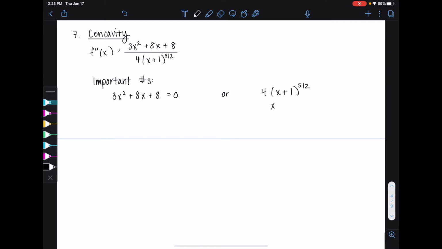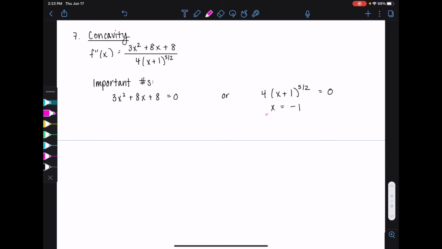And this one's a little bit straightforward to solve because we've done it. It's x equals -1. But again, not important for us because this is not in the domain. To solve this one, unfortunately, you're going to have to use the quadratic formula.